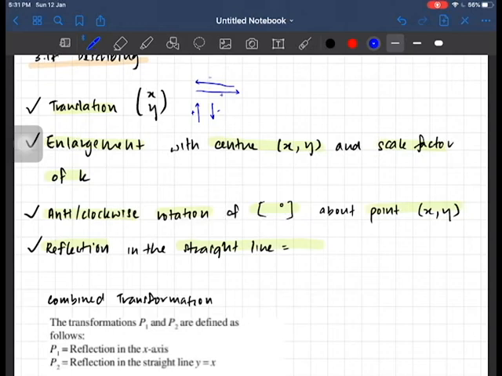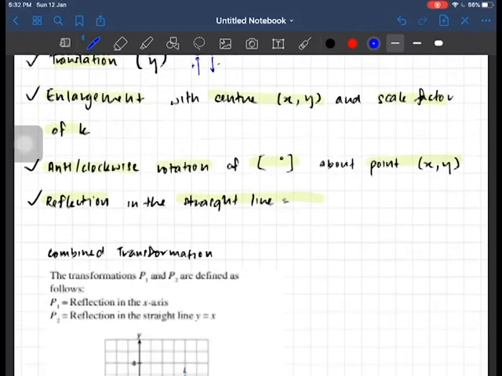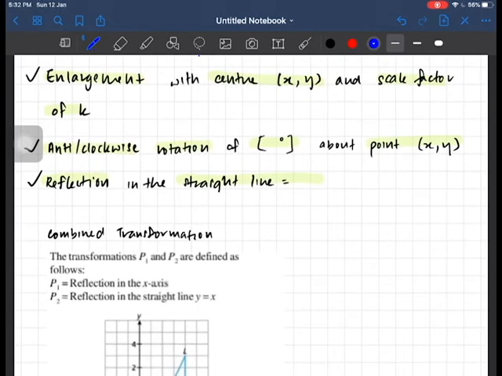For rotation, what's important is the direction of rotation, the degrees, either 90 degrees or 180, and the point of rotation, which is either the origin or any point they give you, or the point of intersection. On reflection, you need to know the reflection line, so the axis of reflection. For example, some might be y equals to x.